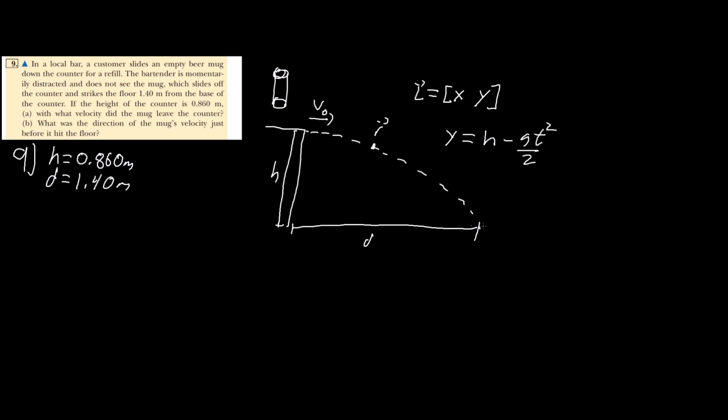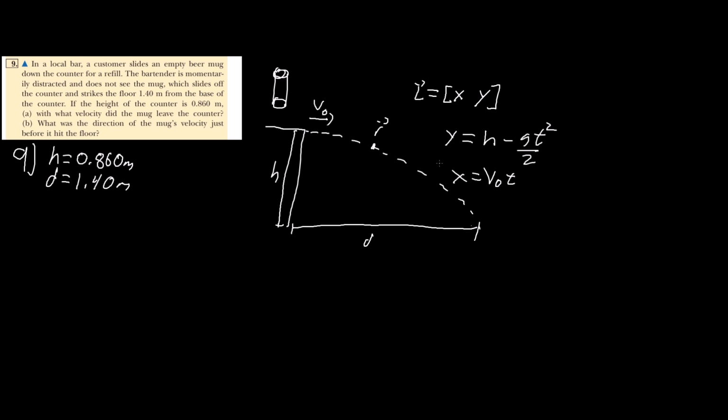So it's really just that equation. And the position for X is really just some velocity in the X component times time. So it's really that simple, folks. This is literally just the setup. And notice that the only component that we don't know is the velocity that it slides off.